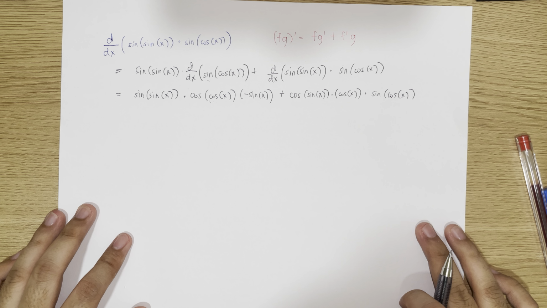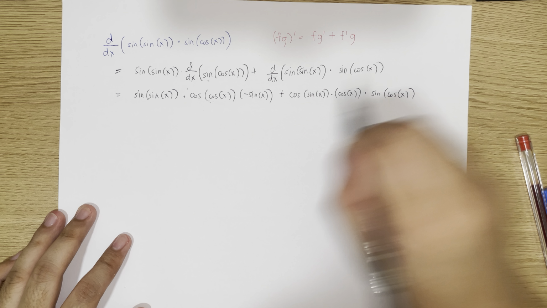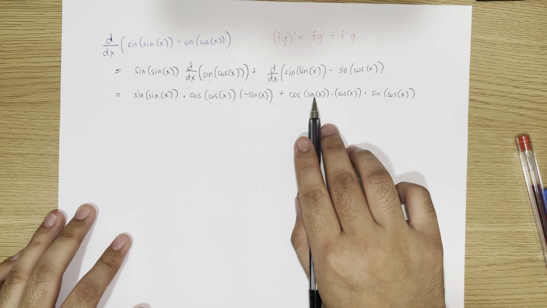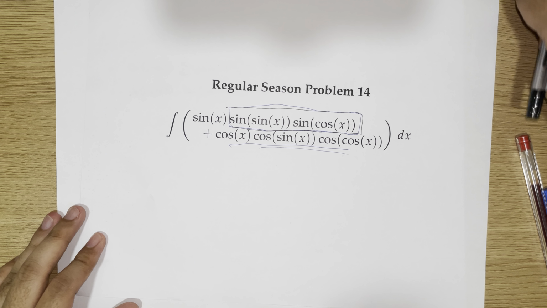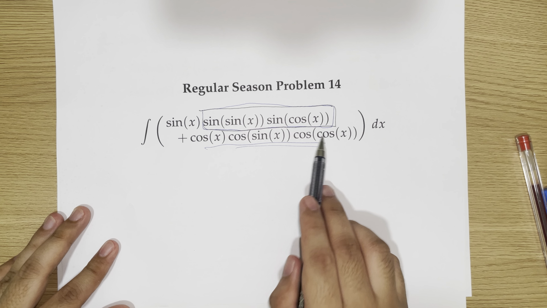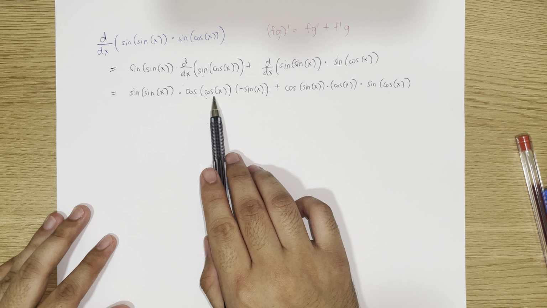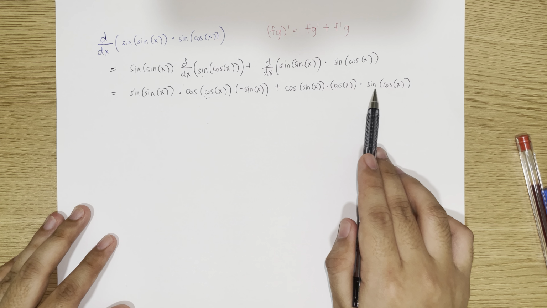Okay, so this thing right here has sine of x times cosine of x, and cosine of sine of x times sine of cosine of x. But if we go back to the integrand, the second term has cosine of sine of x and cosine of cosine of x. So in other words, this does not work, because none of them has both cosines: cosine of sine of x, sine of cosine of x.